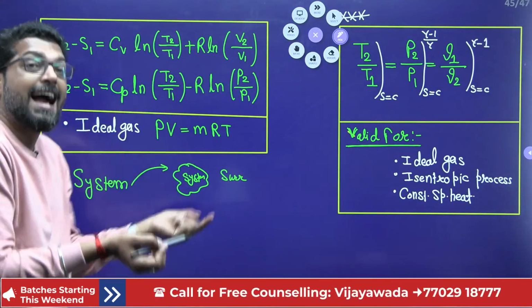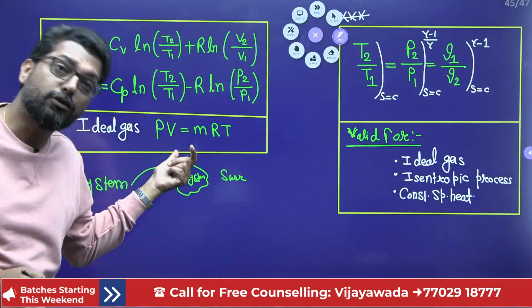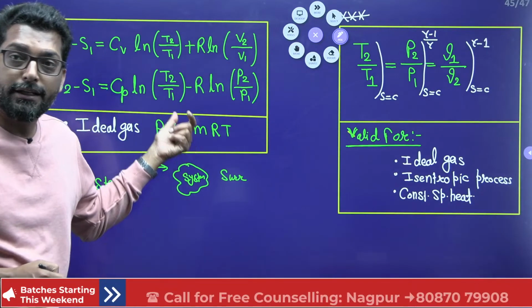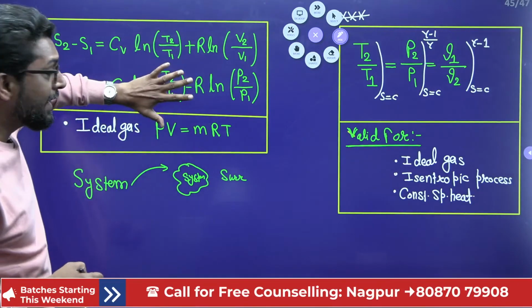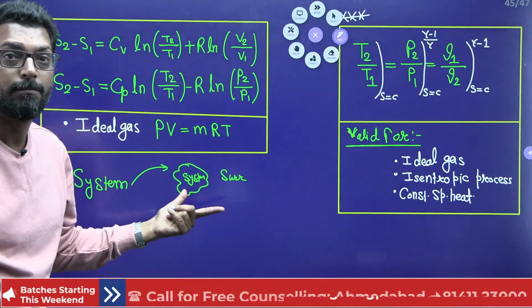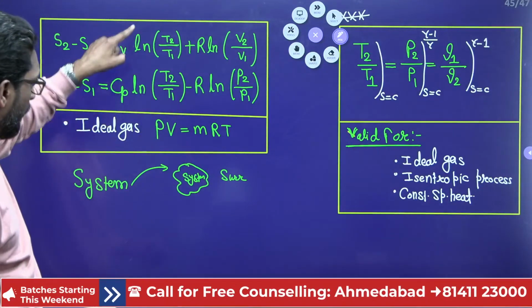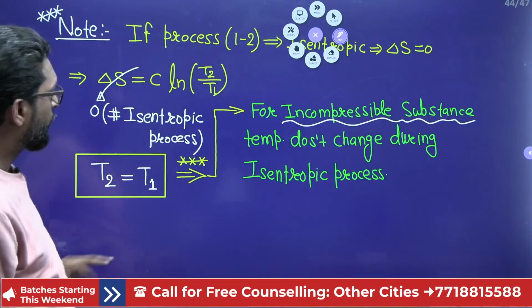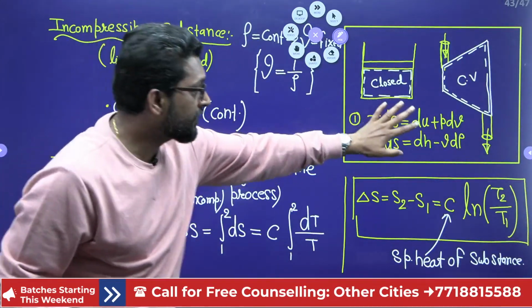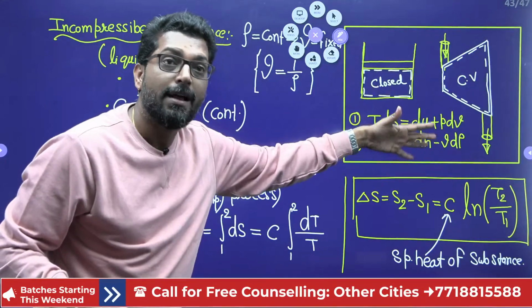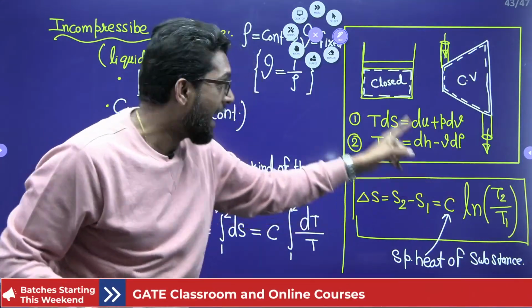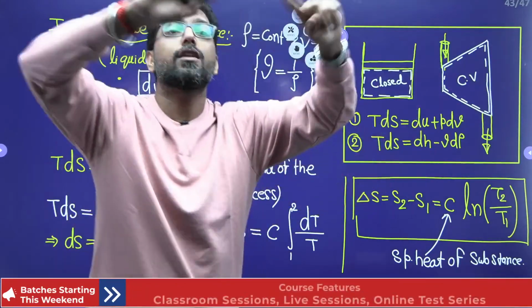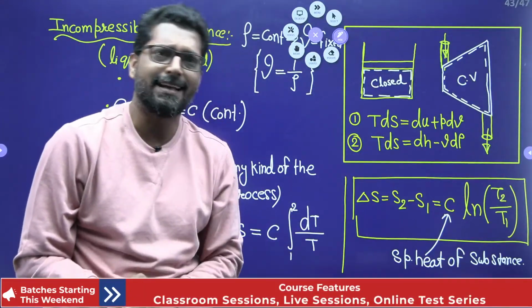But if we take an isolated system, we can write also. It is not that we can apply it for any type of system. This equation, see my dear, from where does it come? From here. So this equation applies for any type of system, either closed system or open system or isolated system. We can write like that, no problem.